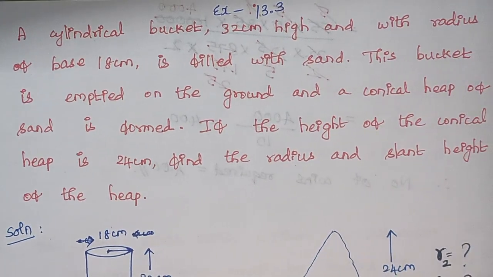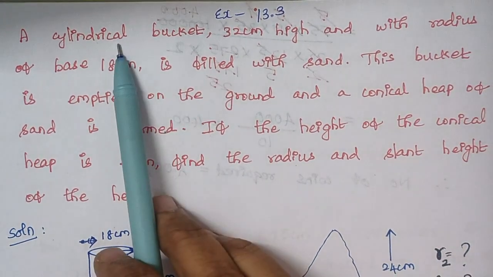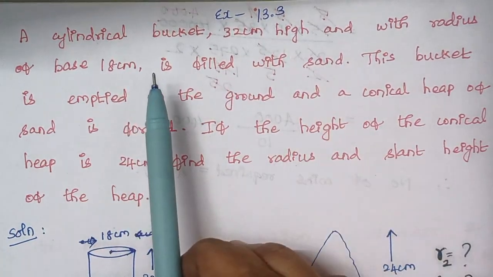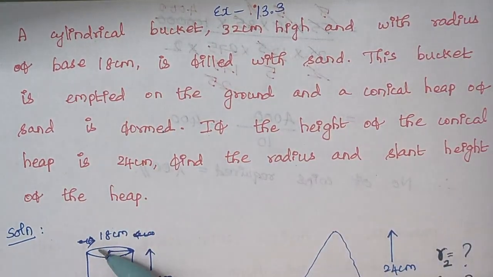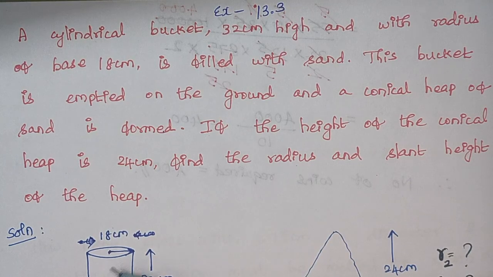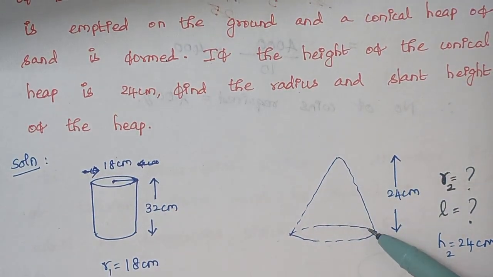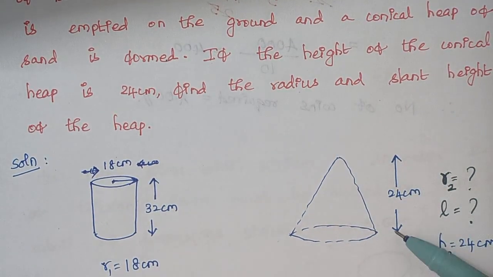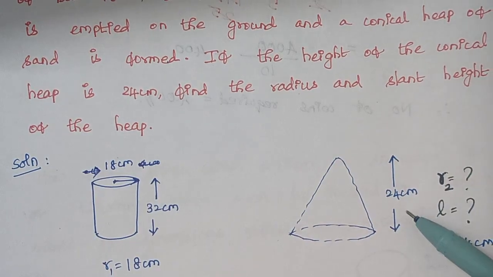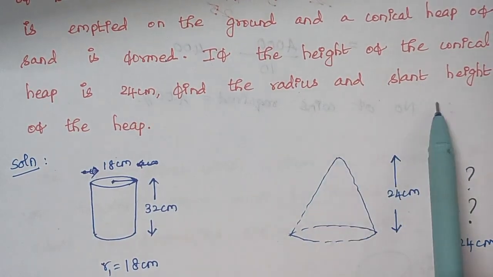So here there is a cylinder whose parameters are given. Now the sand filled in the cylinder is dropped down to form a cone. So here this is our cone and whose height is given. So here we have to find the radius and slant height.